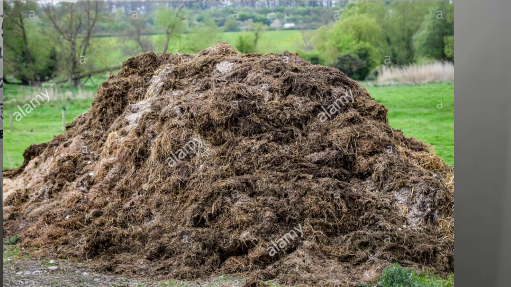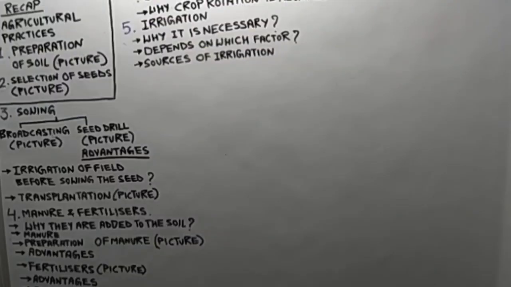Now, what are the advantages of manure over fertilizers? Normally the farmers who want to do organic farming or who want to have a result for a long time use green manure or vermicompost manure. What happens when they are using manure instead of fertilizer in their field? First of all, it makes the soil porous, through which exchange of gases takes place.